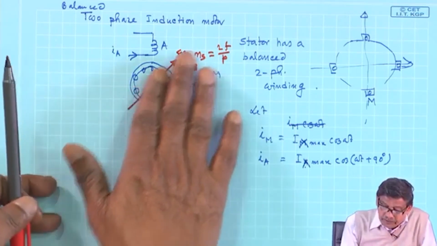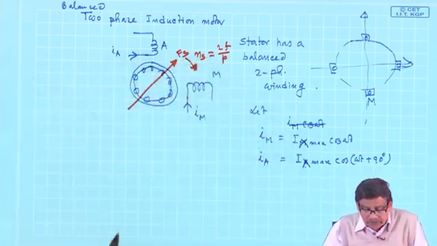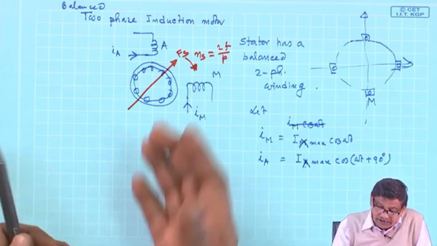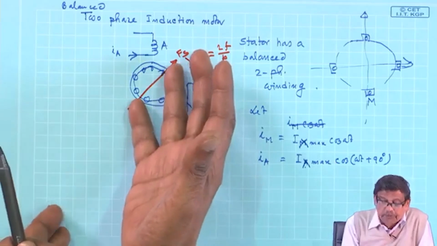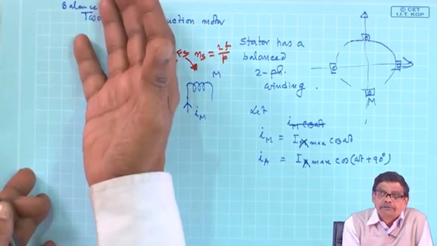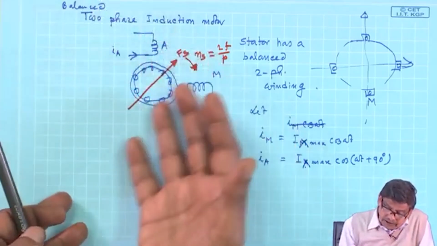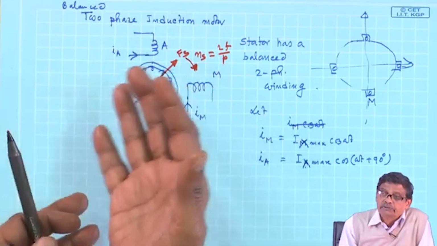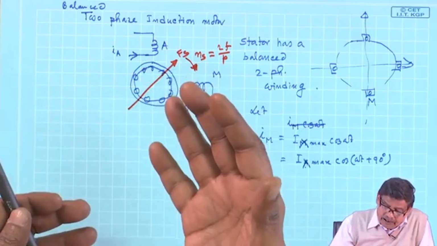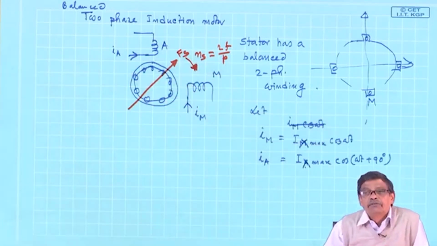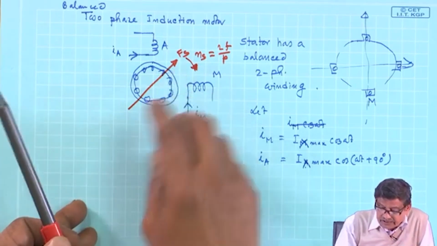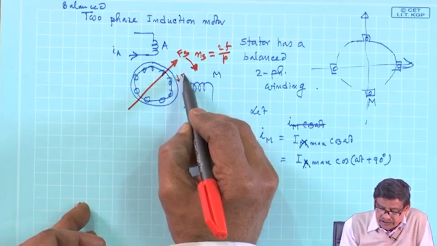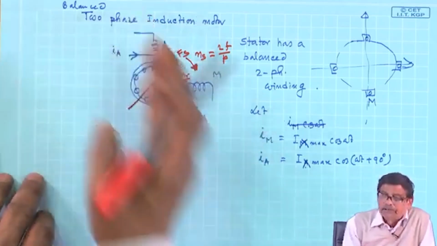Therefore, once this field is produced, as I am telling several times, the rotor is not at all aware of the fact that this rotating field has been produced by a 2 phase winding or a 3 phase winding. Therefore, torque will be produced, and the equivalent circuit can be drawn per phase in the same way as we have done in case of a 3 phase induction motor, and the motor will accelerate in this direction, and finally it will settle down to a speed n r, and you can do per phase analysis.